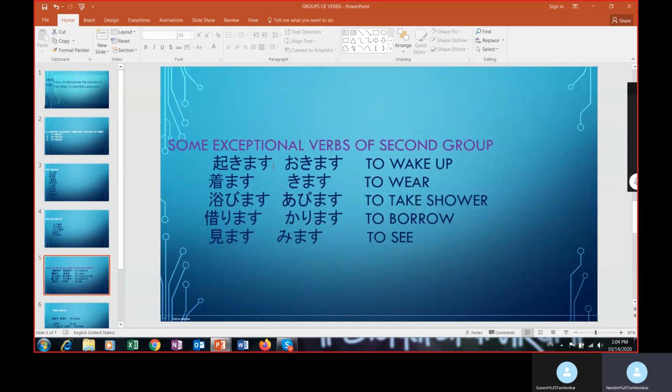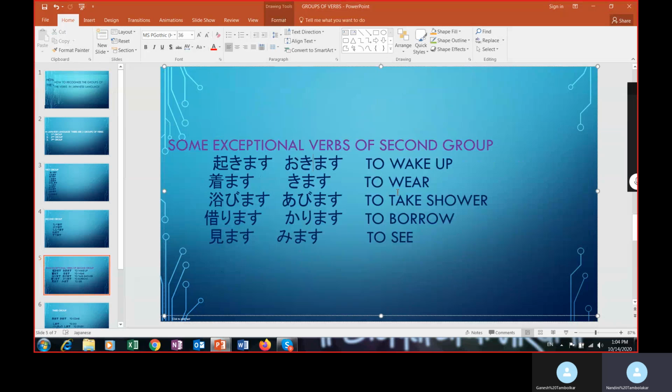Some exceptional verbs are also available in the second group. This is some of the list I have given, whose reading has an i sound after removing masu from the verb. Okimas is to wake up, oki.